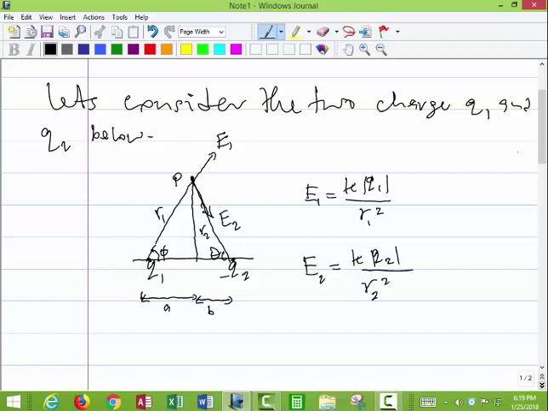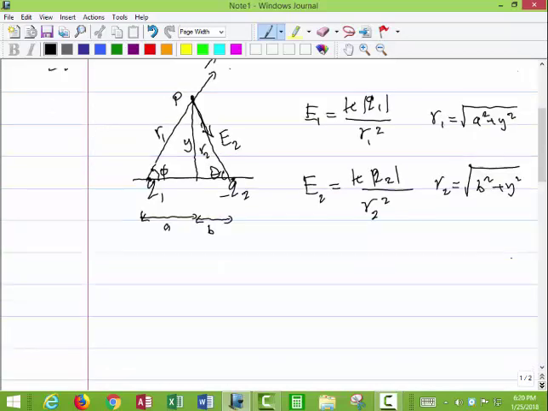And we can say that R1 is equal to the square root of A squared plus Y squared, where the vertical distance is Y. And R2 is the square root of B squared plus Y squared. So this gives us our two electric fields.